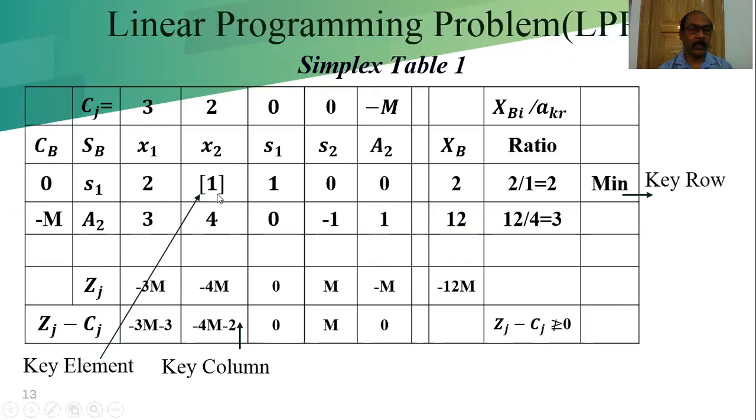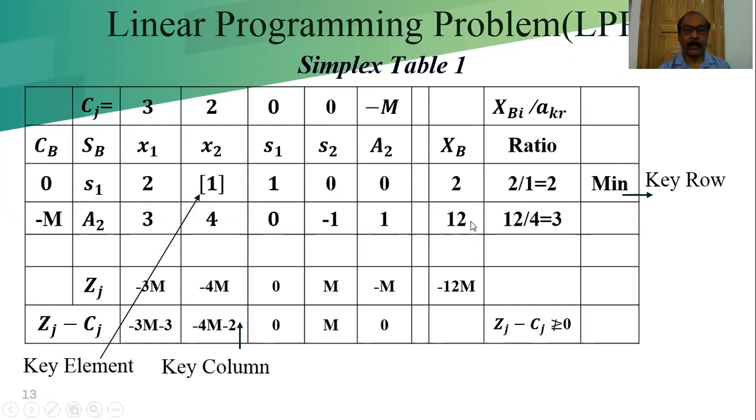In this case it is 1 and this element will be 0. We have to calculate only these, not those. Dividing this by 1, it will be unchanged.